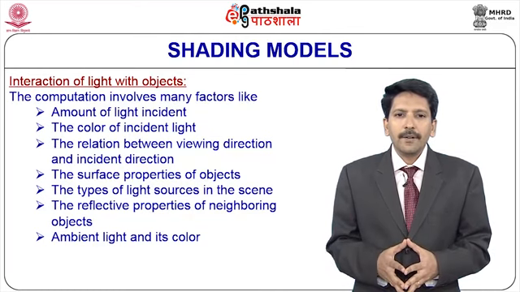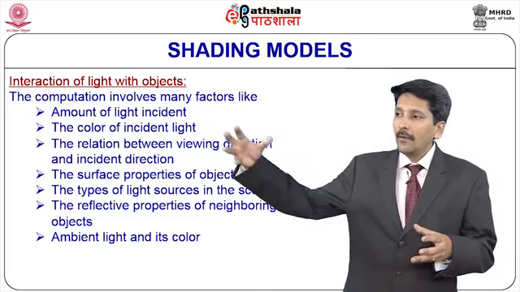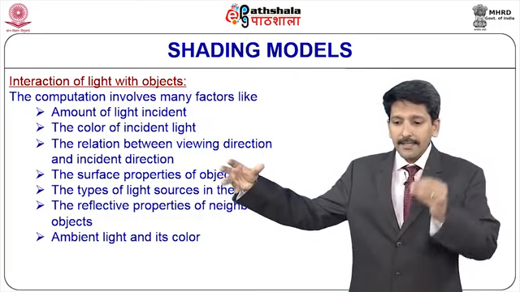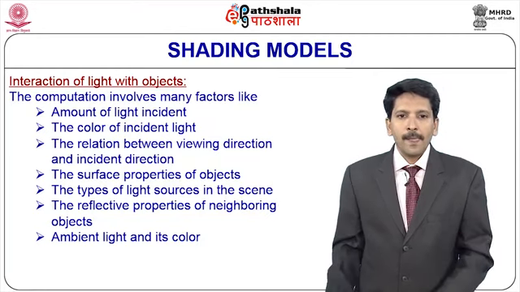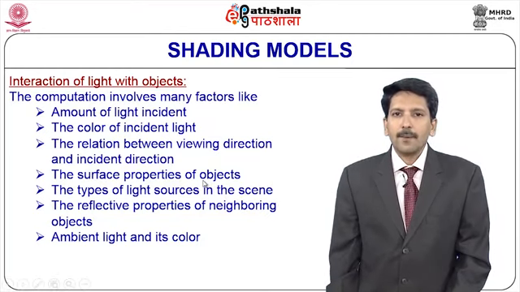The relation between viewing direction and the incident direction is also important, because we are viewing from somewhere, the light is incident, and if it does not get reflected in the direction of viewing, we do not have to bother about computing the light in that direction. And the surface properties of objects, because they define how much light should get reflected from the surfaces.